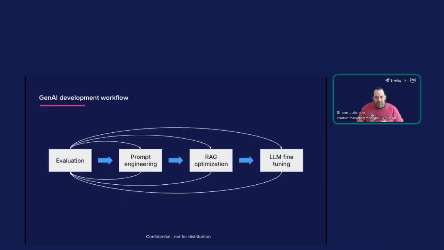We look at the workflow a little bit like this. Evaluation is really the starting point. You need that to help you understand the quality or the state of a prototype, for example, that you're building. Depending on those results, we can try to prompt engineer away any issues and get some improvements there.